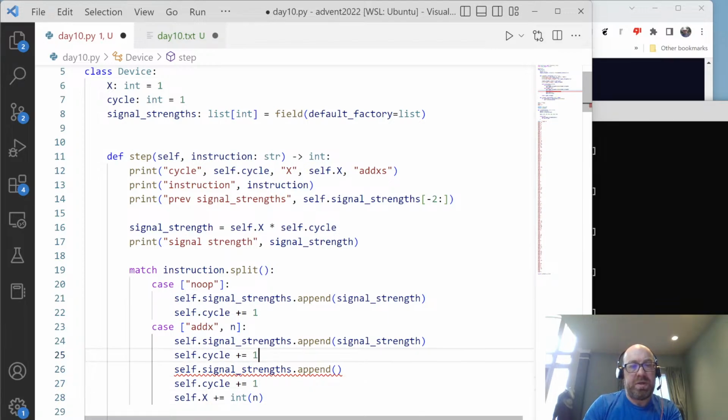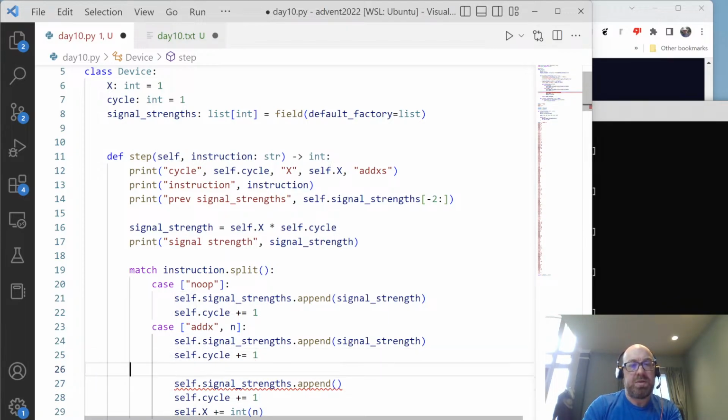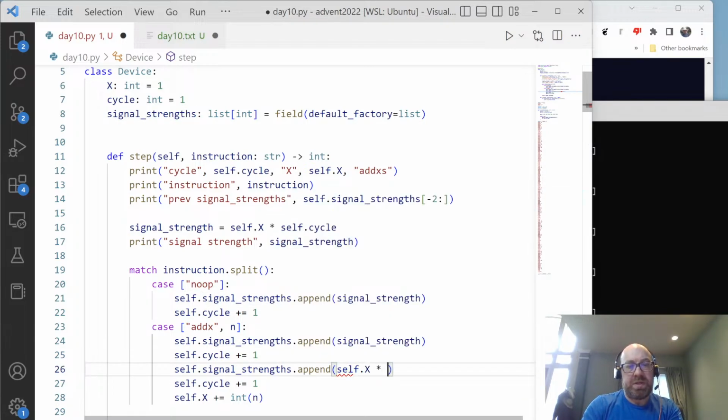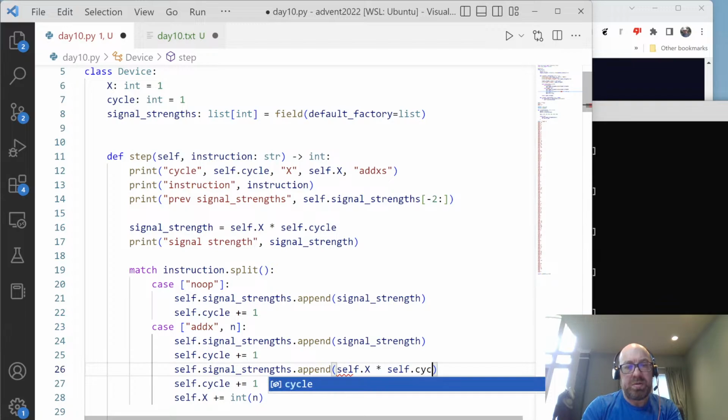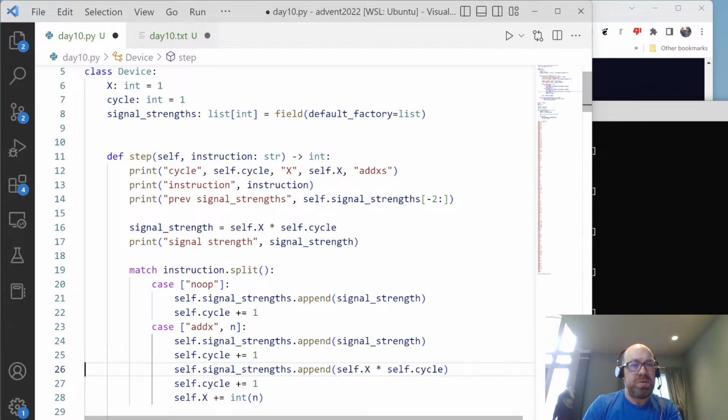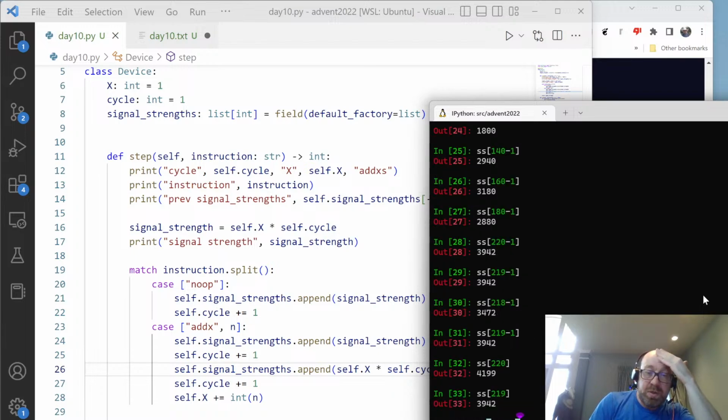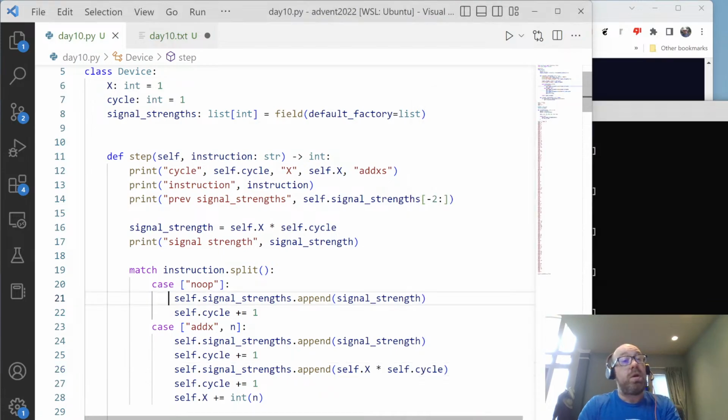And then I need to append self.x times self.cycle. I was using the same signal strength even though it was incrementing by 1. I'm surprised it didn't catch me earlier, but anyway. Okay, good.